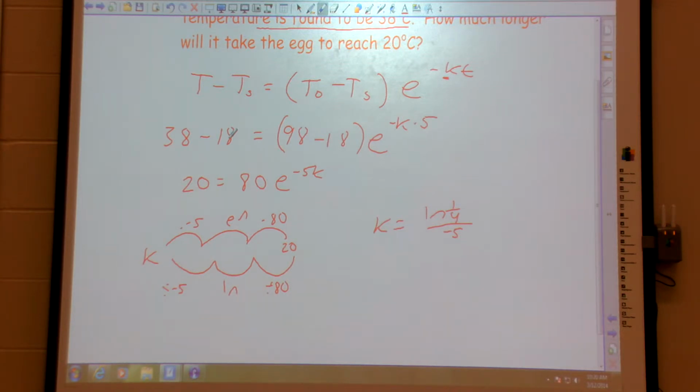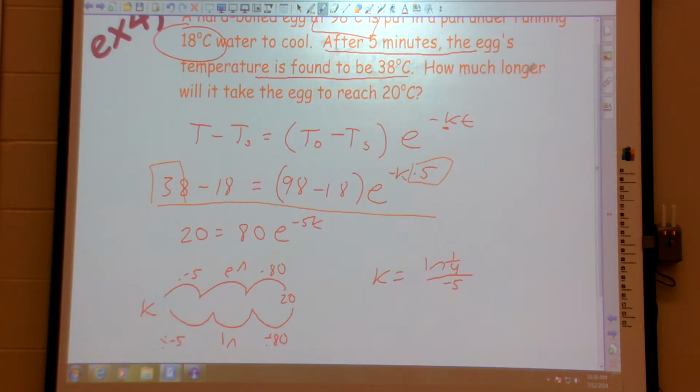Now what I want to do is go back to my equation. Nothing changes but the two variables. Once you identify T naught, TS, all that, that's not changing. Those are not variables. Those are constants. The only thing that will change are my variables. So in this case, it wants to know how much longer, so that's me to find little t, when the temperature is 20.